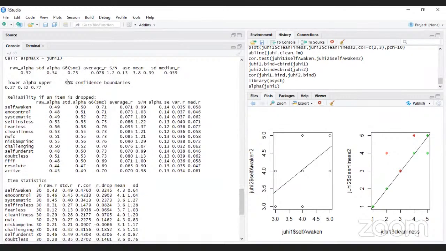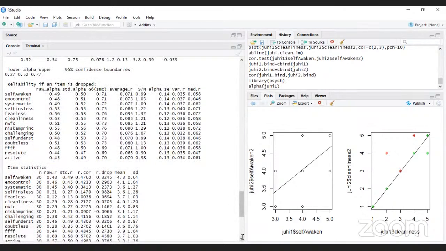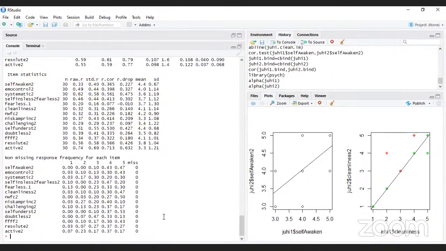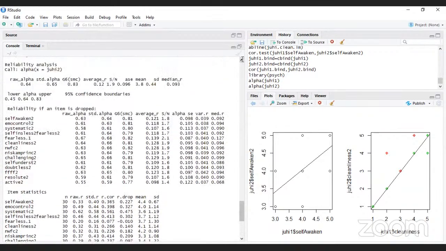Okay, it is 0.54. So moderate level of reliability, not very high. Second time, reliability is high, 0.65. Okay. Because they are college students, no? So they are very fluctuating.